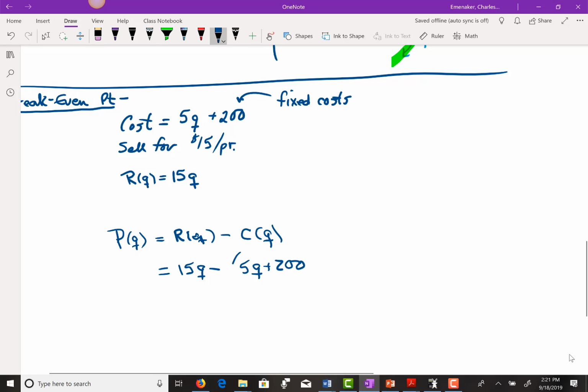When you subtract, don't you subtract the entire cost? That is a very common mistake to make, to just write down the minus. And the problem is, if you write it down as it was before, it's only minus the 5Q, isn't it? What we really want is 15Q minus 5Q minus 200, distributing that negative. Does that make sense to everybody?